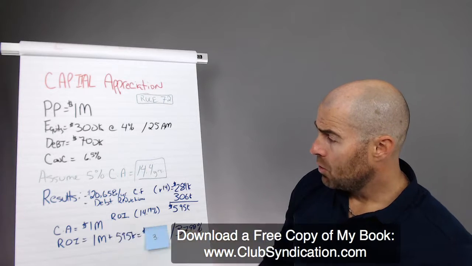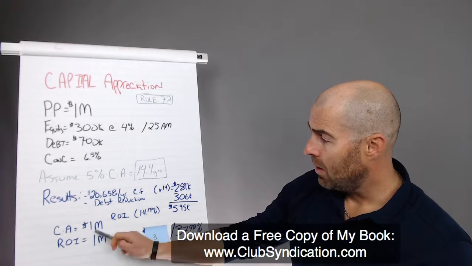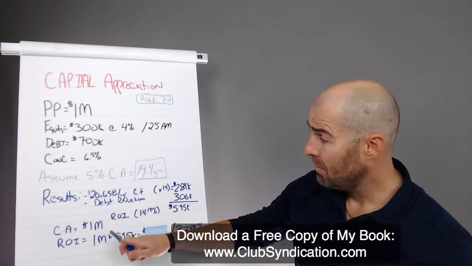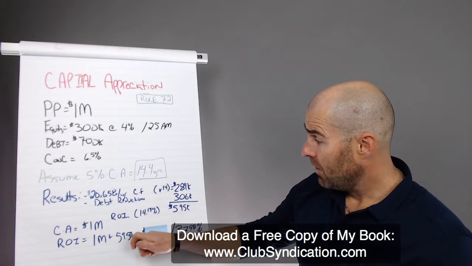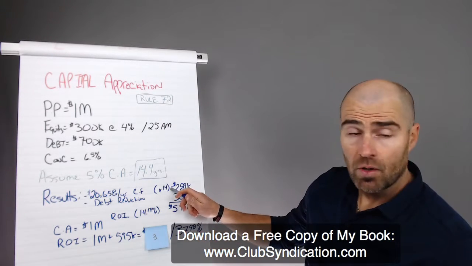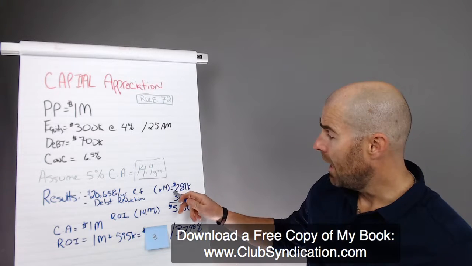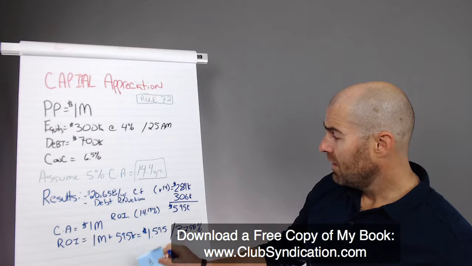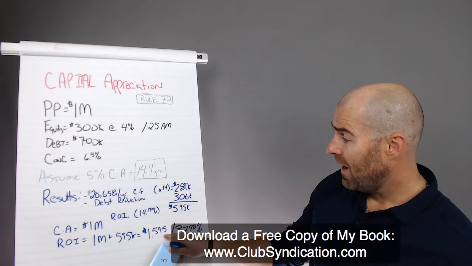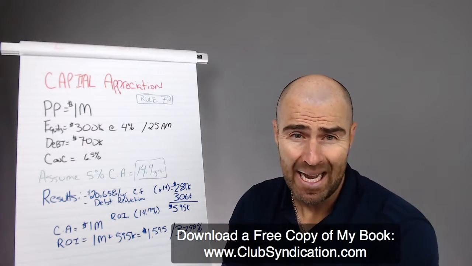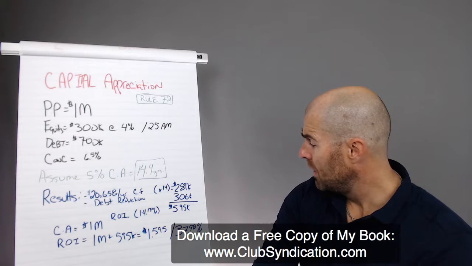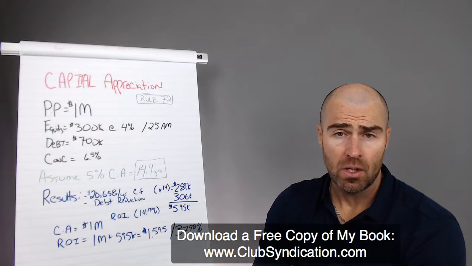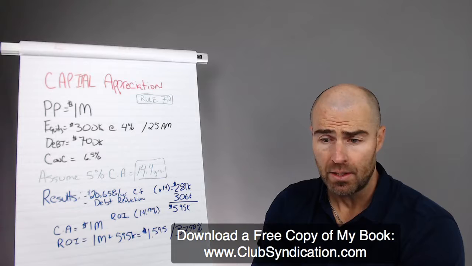So your return on investment now is a $1 million uptick in value, plus $595,000, which is your cash flow that you collected, which is $289,000, plus your $306,000 in debt reduction. All of a sudden, you've got $1,595,000 in equity, or about a 37.98% return on investment over 14 years.